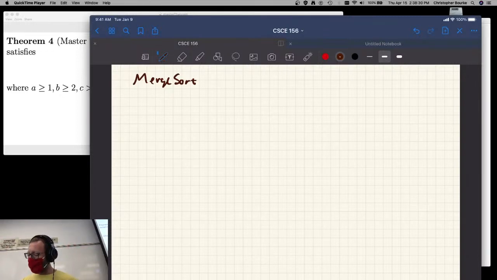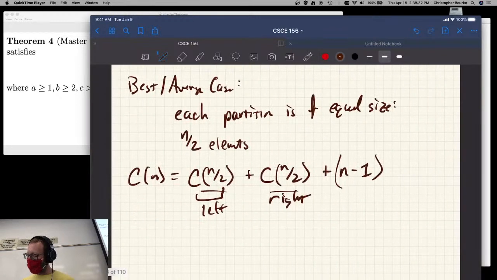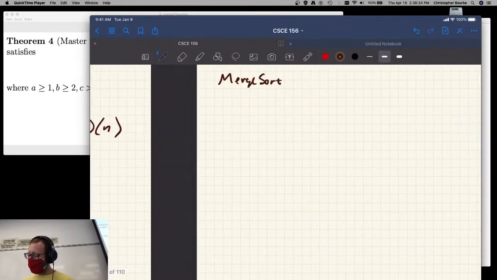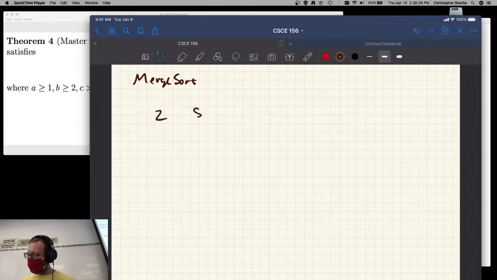So here's the idea. In fact, what were the numbers I used before? It doesn't matter. I'll make up new numbers. It's really hard to write random numbers, isn't it? There we go. Okay, 8 numbers.